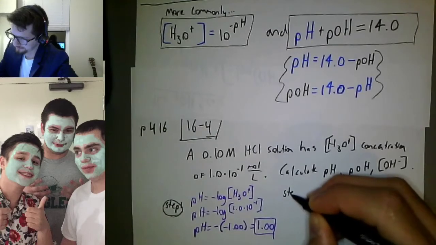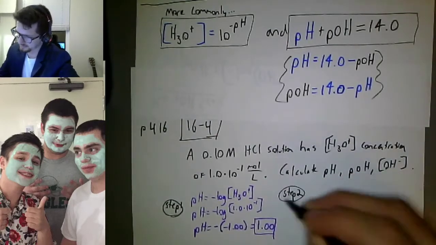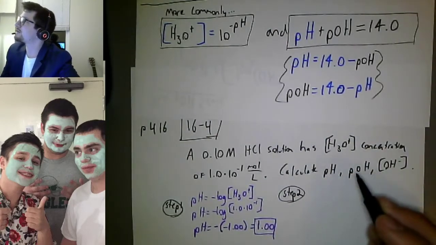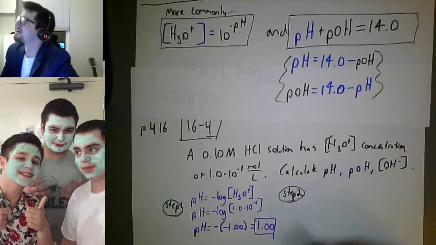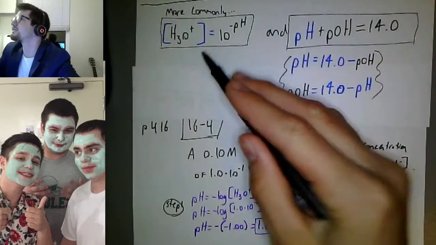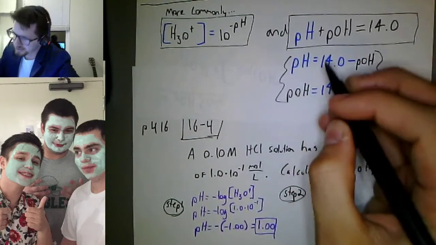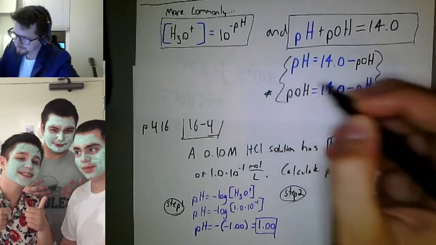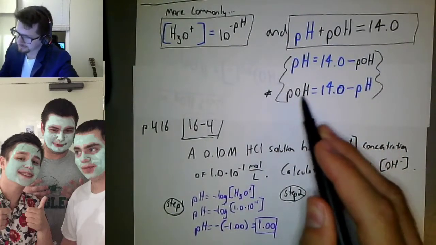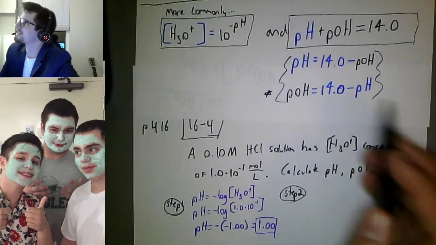Here's step 2. I need to find the pOH. What equation did we find today where if I have the pH, I can find the pOH? This one doesn't help. Hey, I have the pH, and I'm looking for the pOH. So I'm going to use this one because I'm looking for the pOH. So the pOH equals 14 minus the pH.